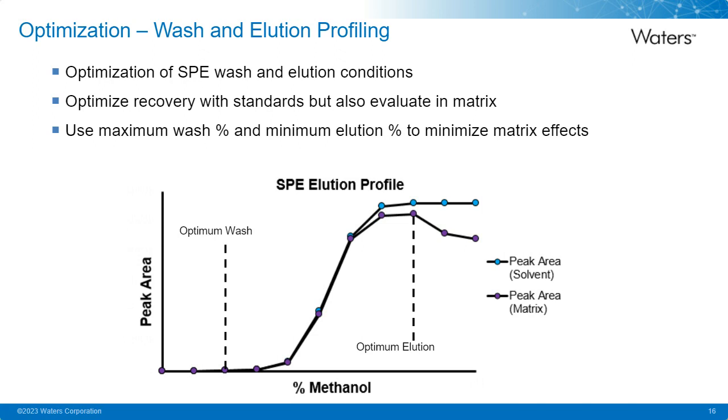So if you see here, we've highlighted our optimum wash and optimum elution, and those are cases where we're well aware from this inflection point where solubility is changing, so we can do this experiment, look at different percentages, and we know, okay, here's where I can safely wash, and here's what I need to use to elute to get everything off.